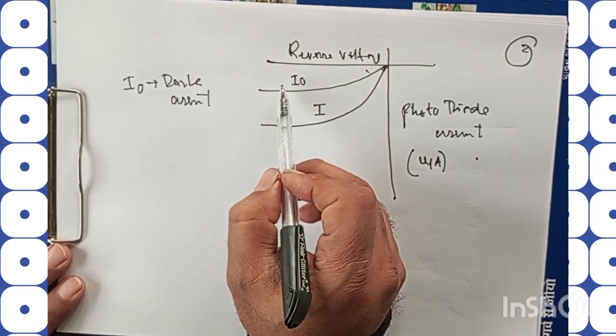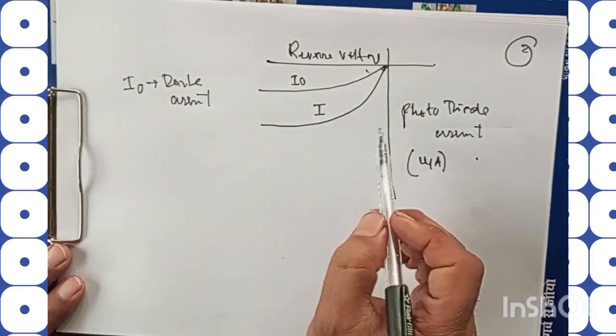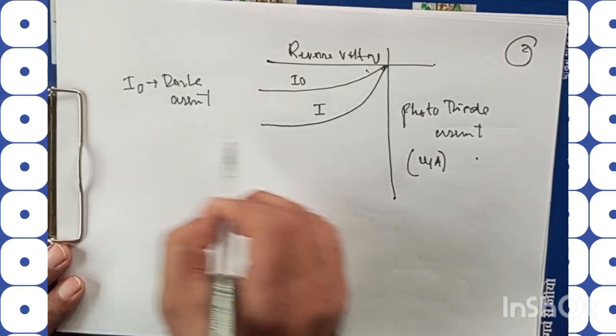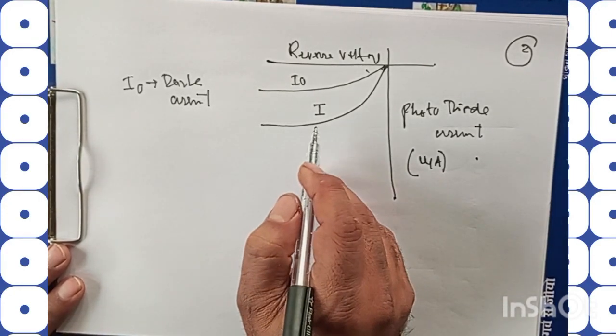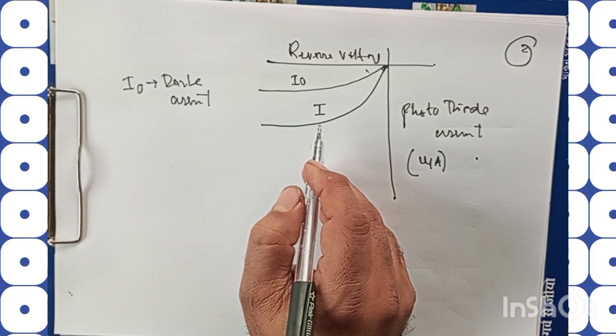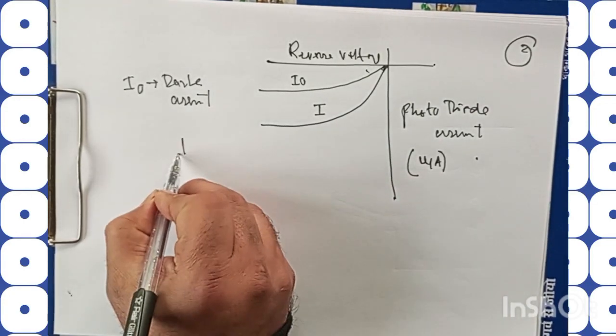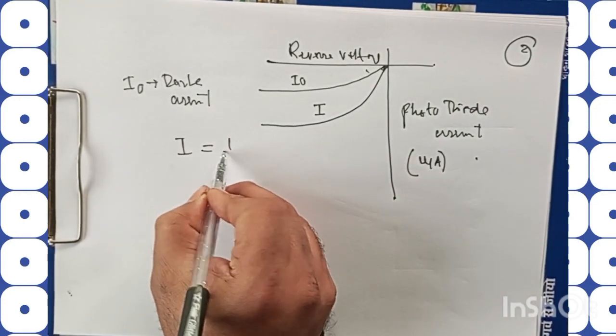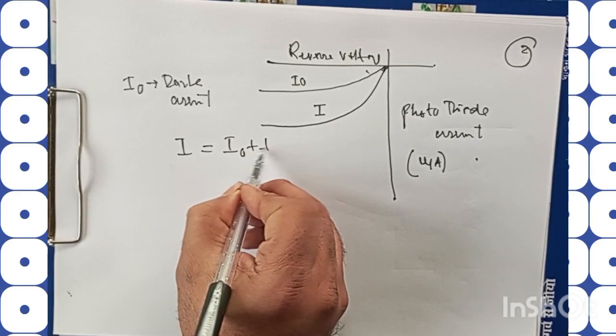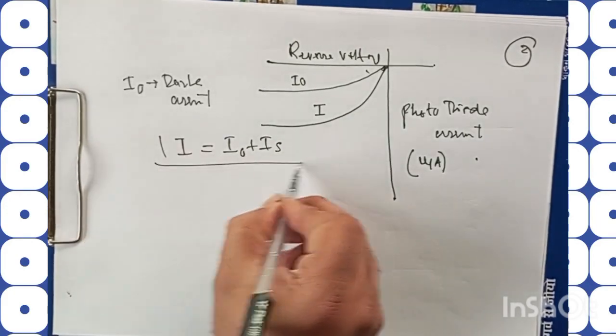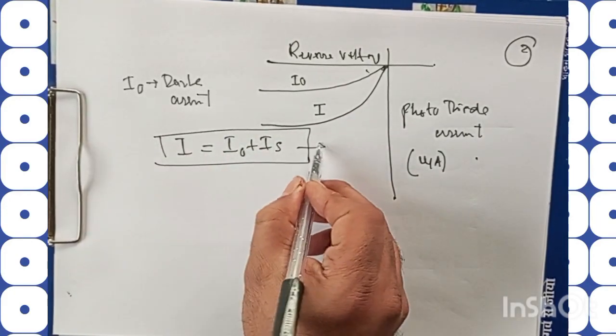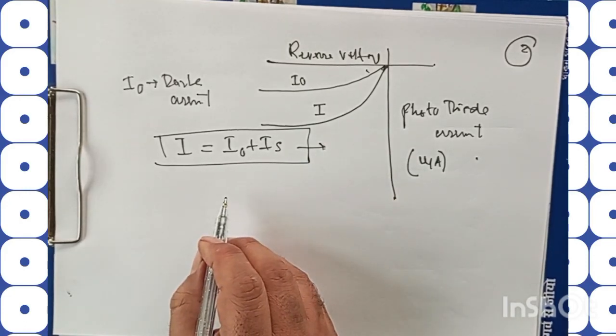Being in that state, we exploit the light falling on the junction of this photodiode, and we are able to measure a current which is the summation of the two currents. So we are finding a change in the output, a change in the resistance.